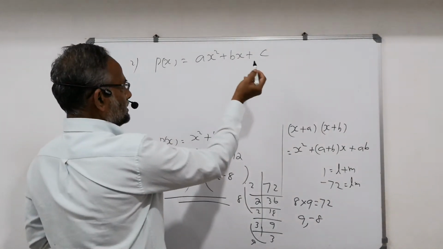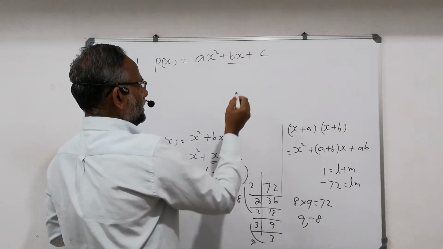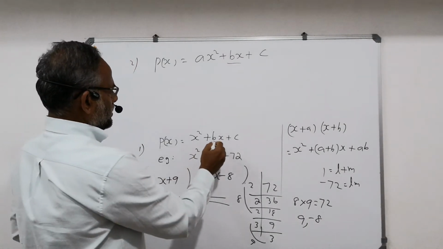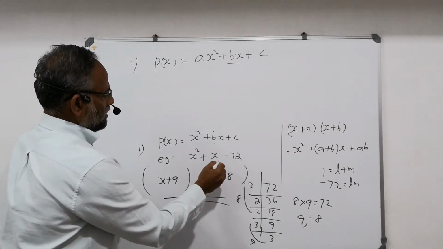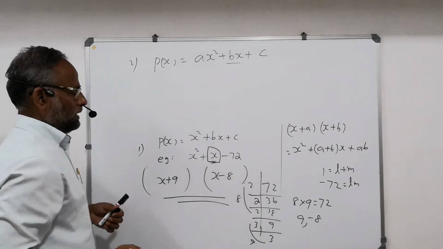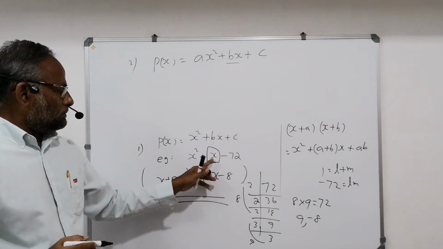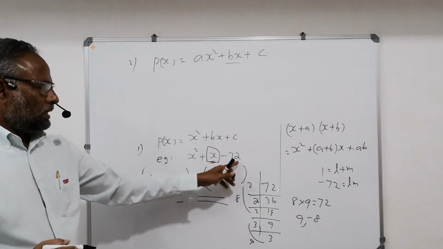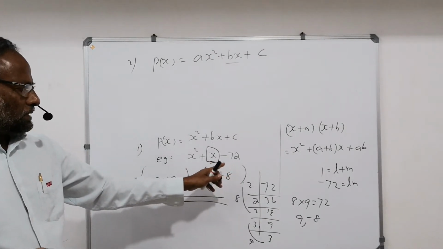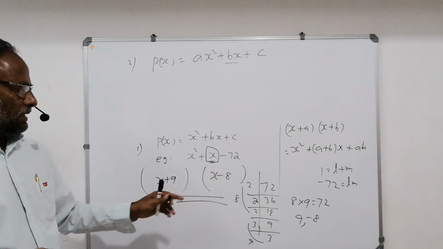Which is the middle term? Yes, bx. Here x is the middle man. So we split the middle term, this bx only, not here. The middle term, L plus M, that we are splitting.